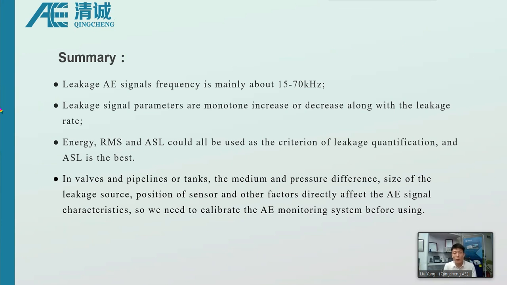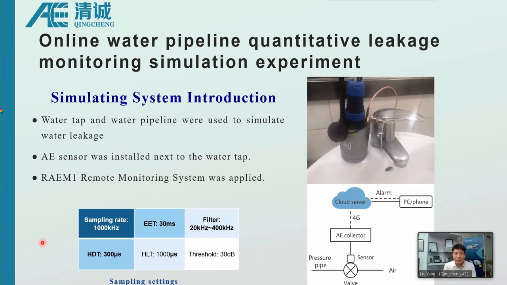So then we have an online water pipeline quantitative leakage monitoring simulation experiment. We chose a water tap and water pipeline to simulate the water leakage. Like in this picture, this is the processor, and this small one is the sensor.